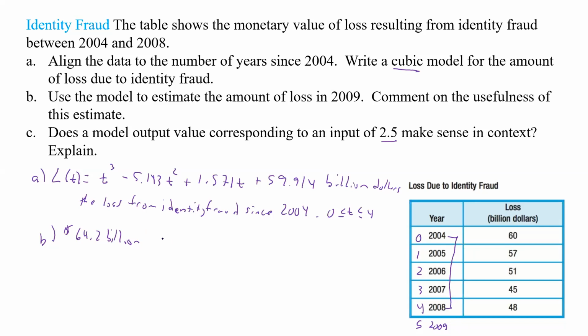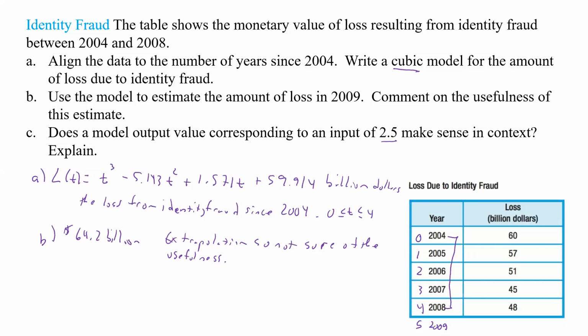So I would say it's extrapolation, so not sure of the usefulness. And again, with all extrapolation, we never really are sure of that usefulness because it's beyond what our data is good for. It's the best guess that the loss is going to be $64.2 billion, but we just don't know for sure.